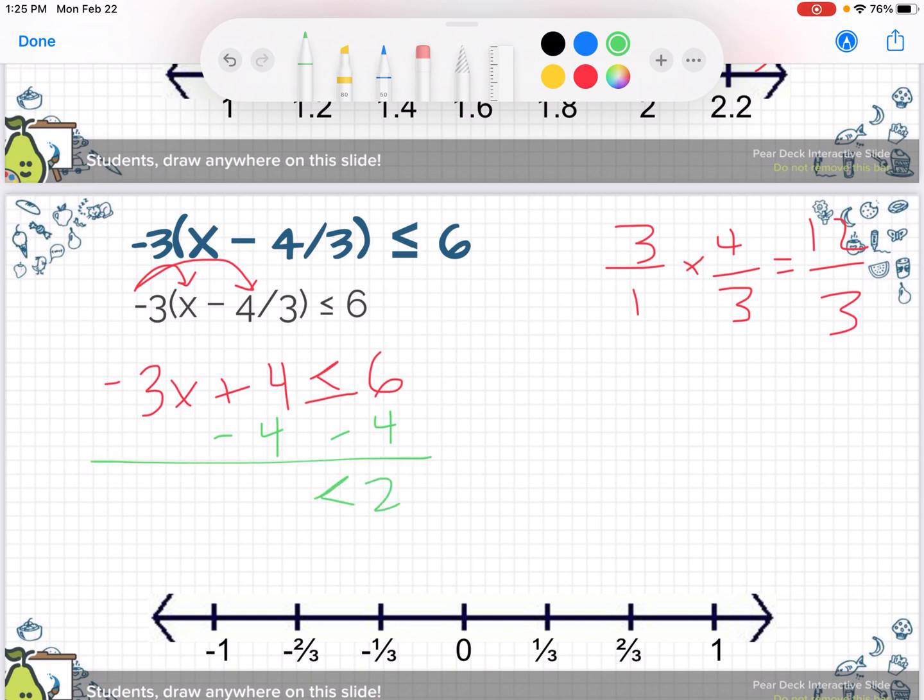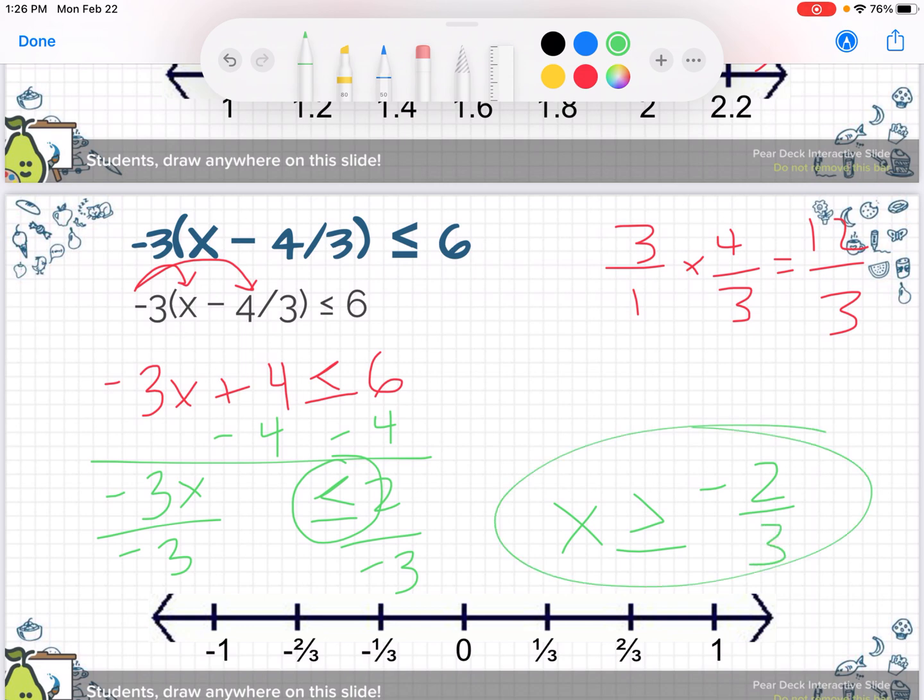I'm left with 2. So now I divide by that negative 3 on each side. So I have to flip the inequality. So x is greater than or equal to negative 2/3. So that means I have a closed dot, and it's going to go in this direction.